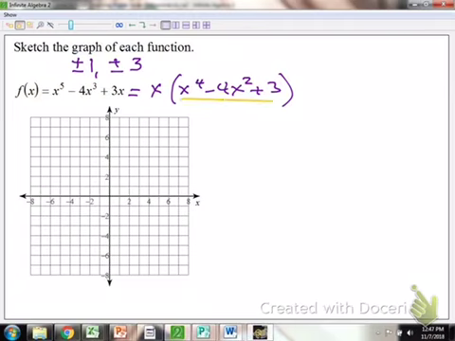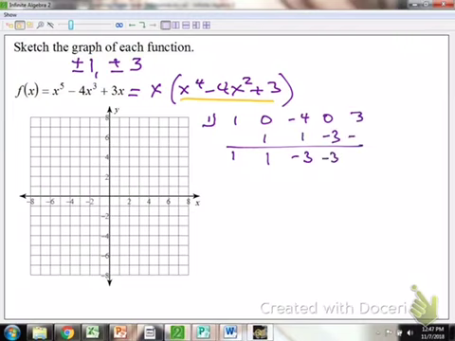All right. So if I plug 1 into that function using synthetic division, 1x to the 4th, 0x cubed, negative 4x squared, 0 x's, and 3. That's going to be 1, 1, 1, 1, negative 3, negative 3, negative 3, negative 3, 0.